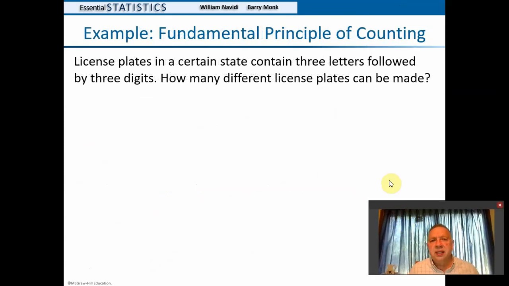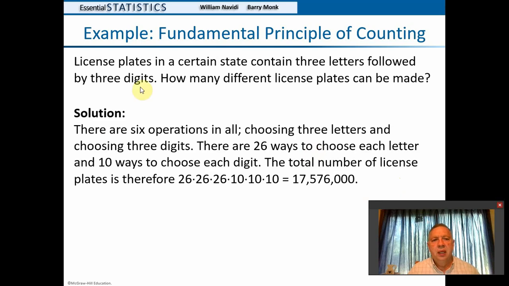Here's another one. License plates in a certain state contain 3 letters followed by 3 digits. How many different license plates can we make? There are 6 operations in all, choosing 3 letters and choosing 3 digits. There are 26 ways to choose each letter, and 10 ways to choose each digit.